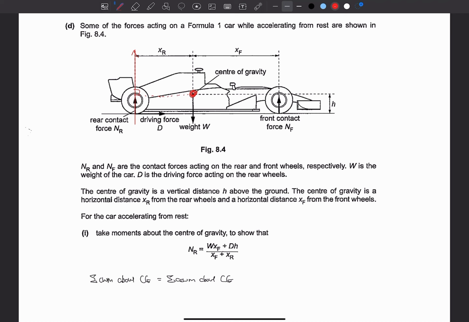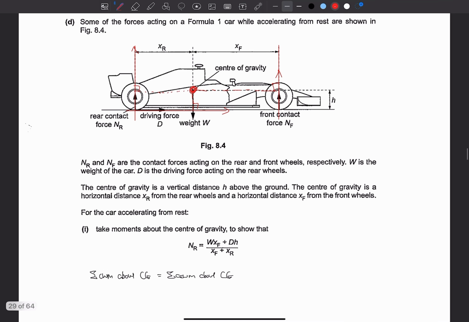What about driving force? If you extend the driving force line, here's the perpendicular distance. You can see that the driving force actually creates an anti-clockwise moment about the pivot. Same with the moments due to normal contact force NF. So clockwise is NR, and anti-clockwise is driving force D and NF. Alright.